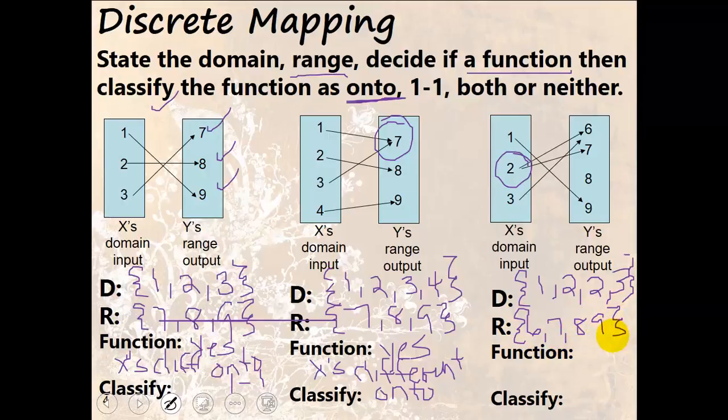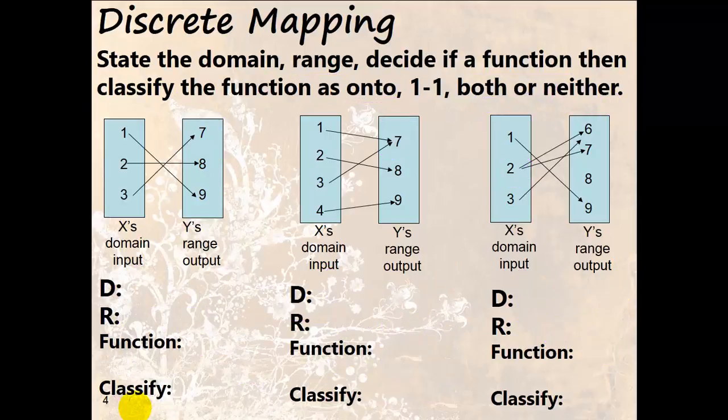Is this a function? Well, look how we have 2 lines coming out of the 2. That's like saying we have the ordered pair 2, 6 and 2, 7. See how the x's repeat themselves? That means this is not a function. And if it's not a function, we don't have to worry about classifying it.